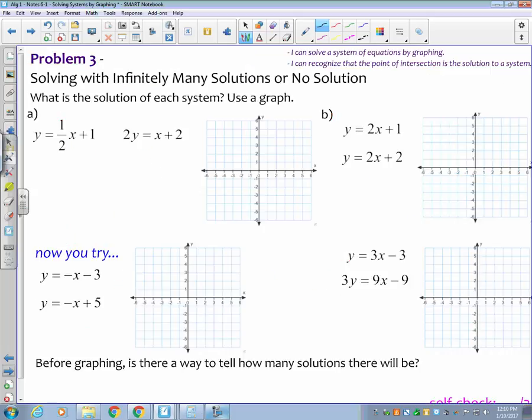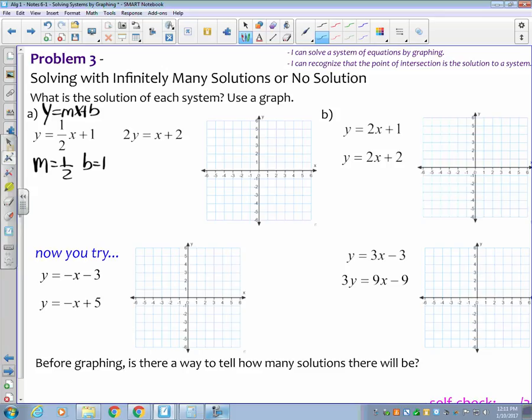Okay, so now let's look at a couple situations where we have infinitely many solutions or no solutions. For A and B, we're going to find the solution using a graph. So when I'm graphing, I want to compare what I have to y equals mx plus b. So I can see that the slope is 1/2 and that the y-intercept is 1.